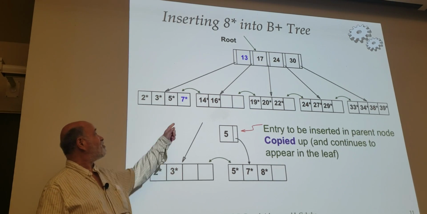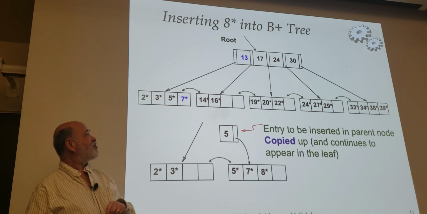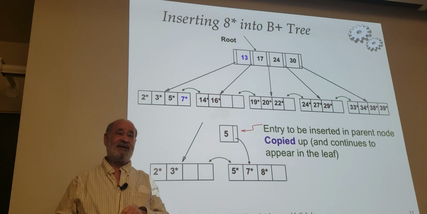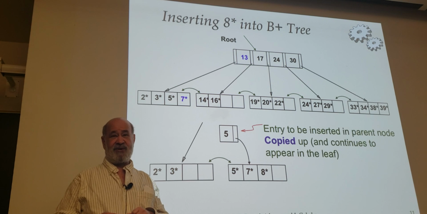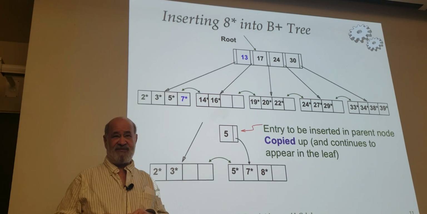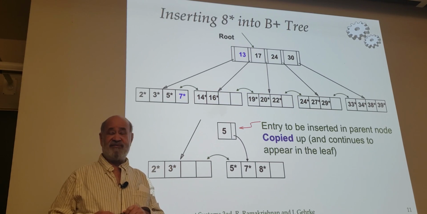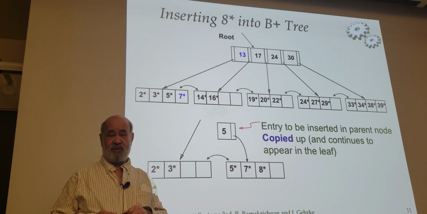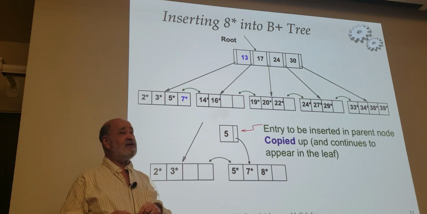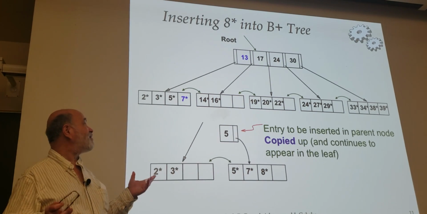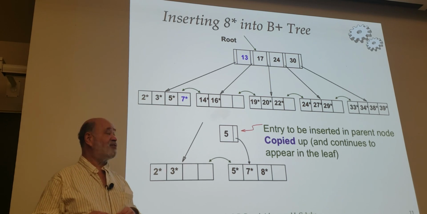What's the parent of the 2, 3, 5, 7 node? That's the thing up there, the 13, 17, 24, 30. Oh, surprise, horror of horrors. Well, this is an example showing off how this recursively works. There's no room for the 5 up above. So what are we going to do with that 13, 17, 24, 30 node? We want to have 5, 13, 17, 24, and 30 in it.